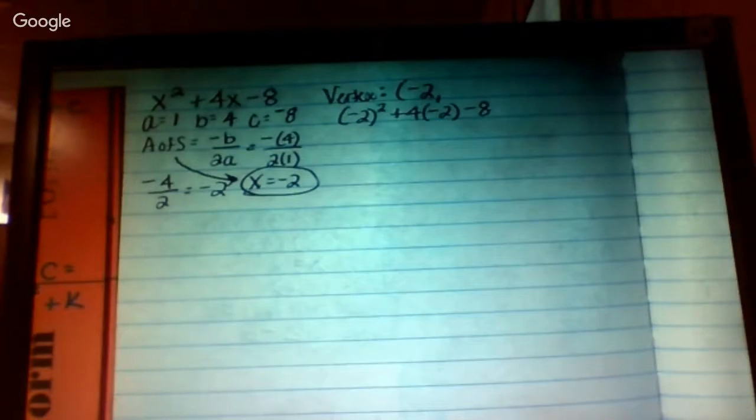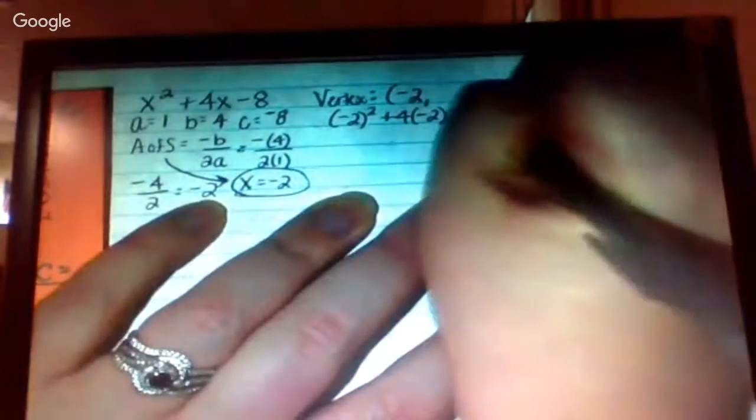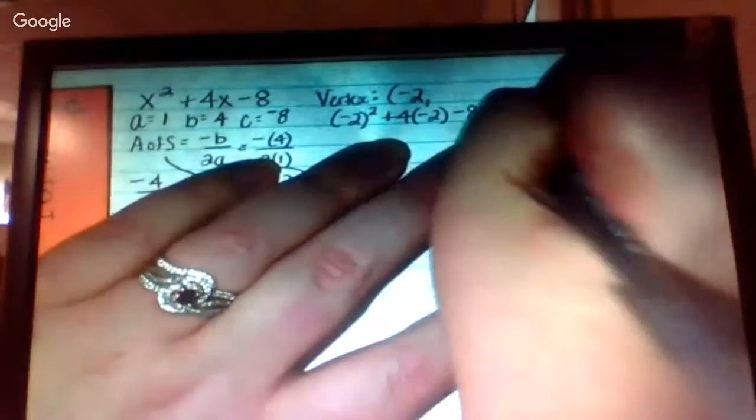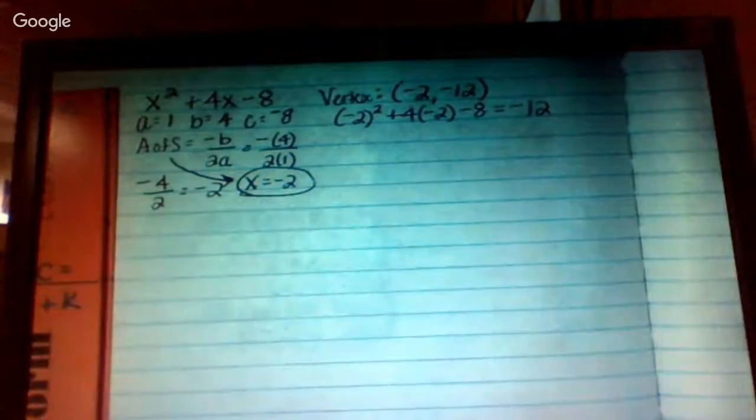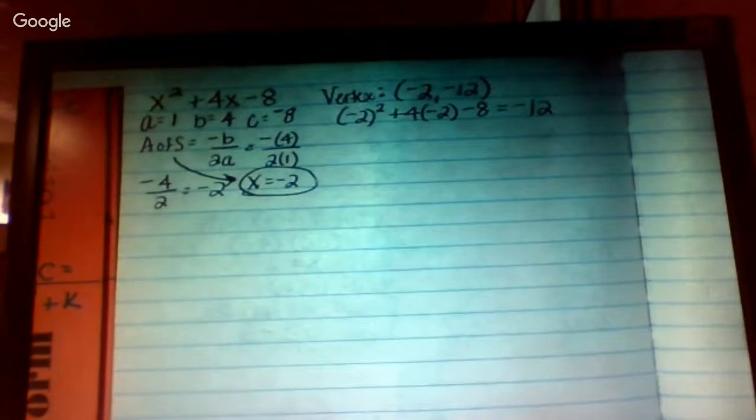Best part is you don't have to think from here. In your calculator, plug this in exactly the way you see it, parentheses and all, and get an answer. -12. So we finish up your vertex as (-2, -12).